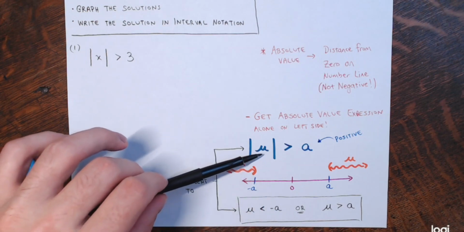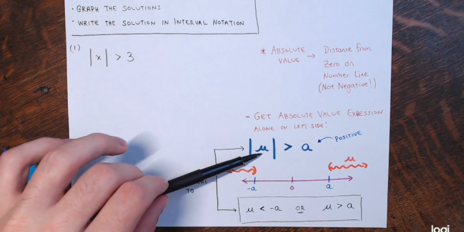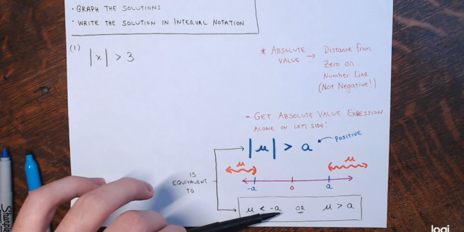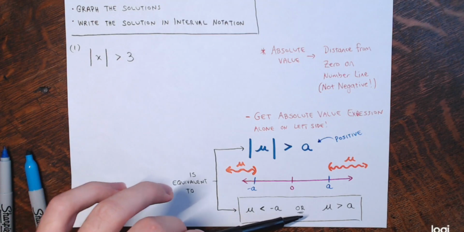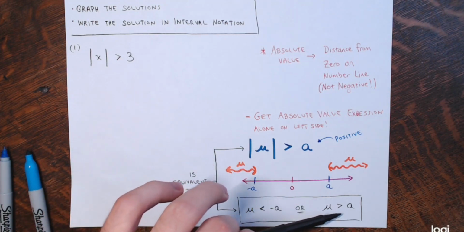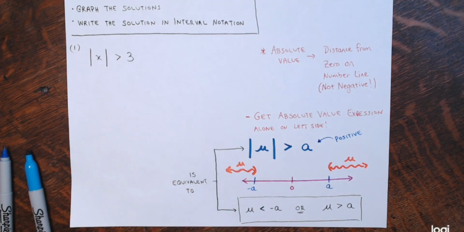In order for this statement to be true, U is either to the left of negative A or U is to the right of positive A. One of those has to be true in order for this absolute value inequality statement to be true. And then I would solve these and graph the solutions and write the solutions in interval notation and all that. But this is key: writing this equivalent compound OR inequality without absolute value symbols, making the absolute values disappear.